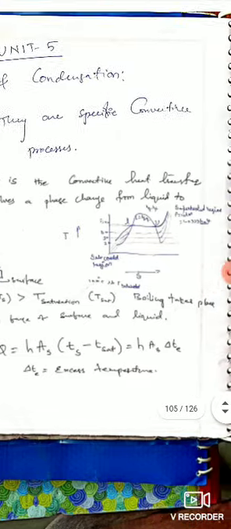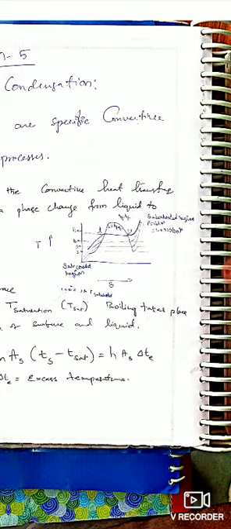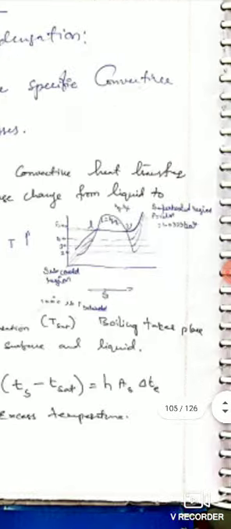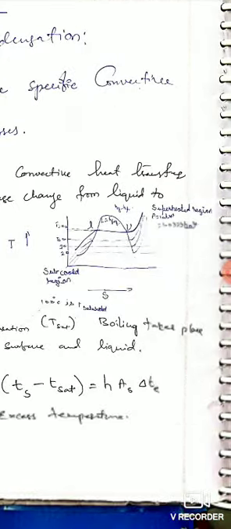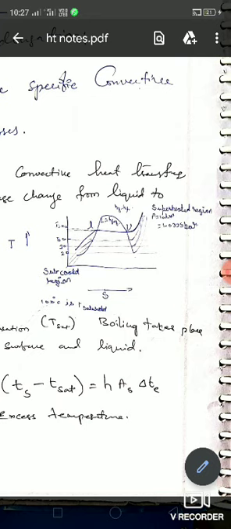Coming to this graph, which is very important, temperature versus entropy, TS graph. For a pure substance, now it is water. We know that the right portion is superheated region, and on constant pressure lines, when we go from the liquid phase to the vapor phase, the conversion of the liquid to the vapor, we need to supply hfg.